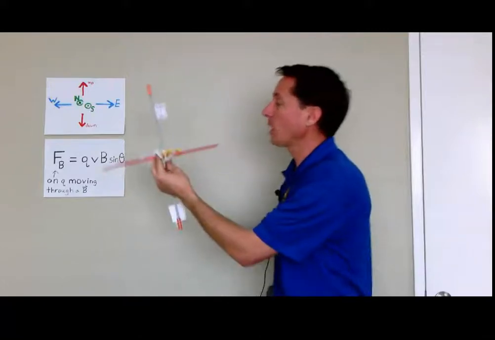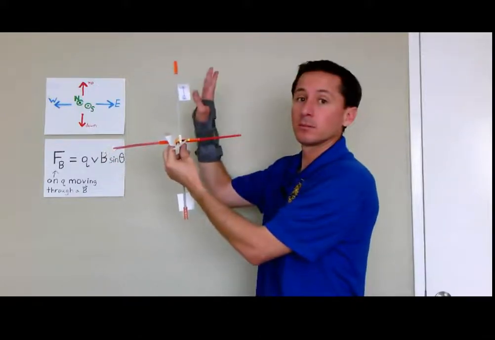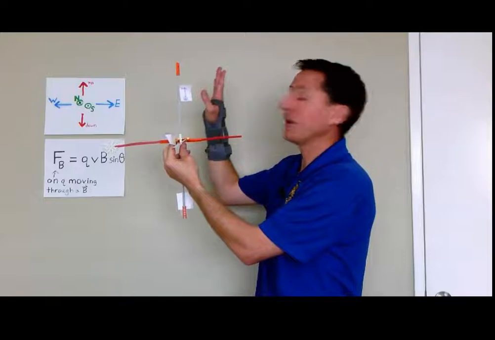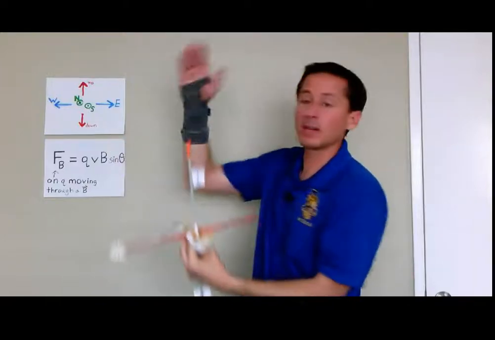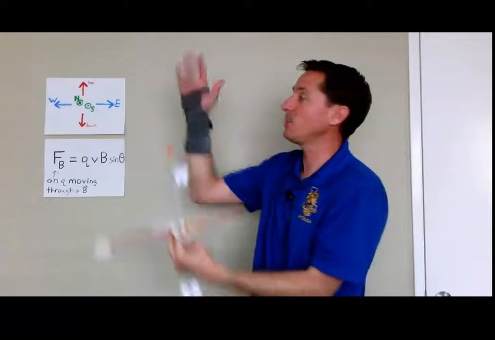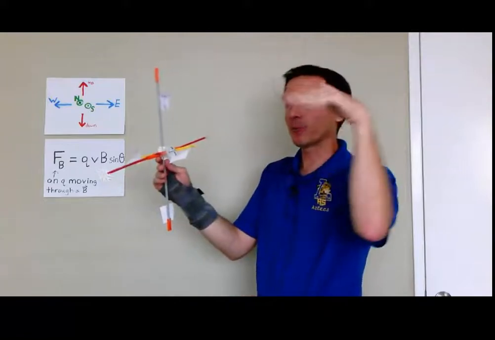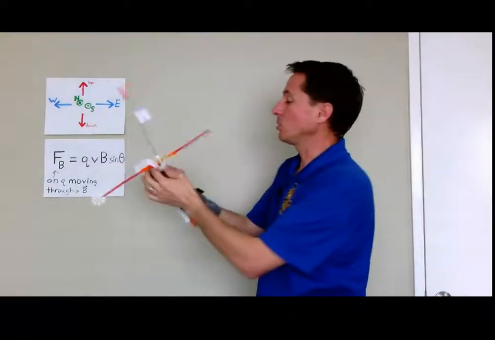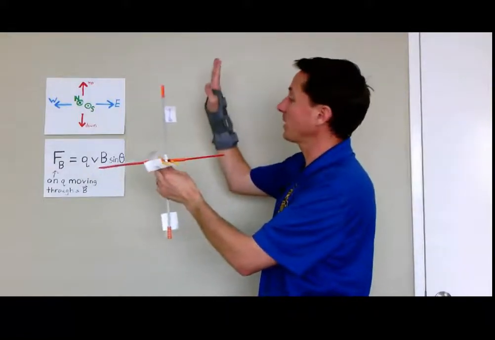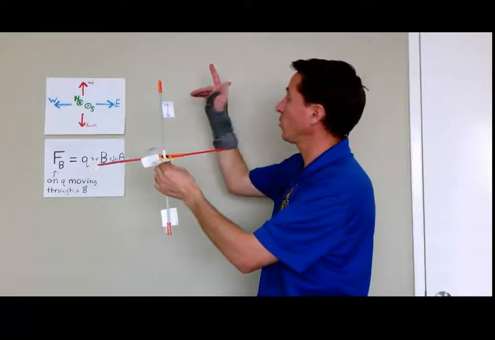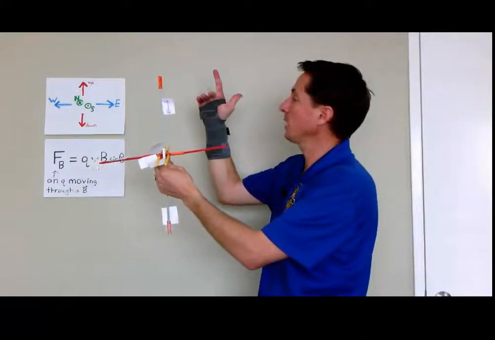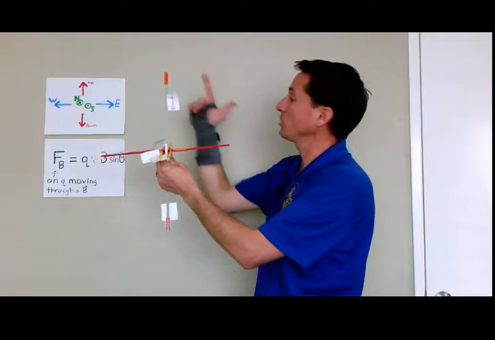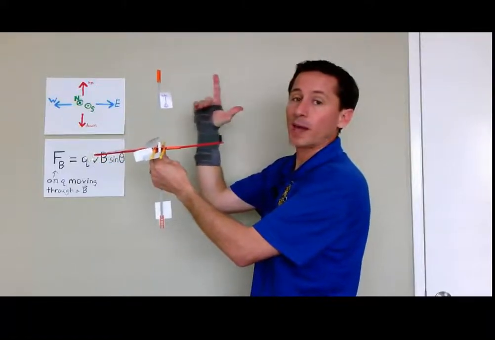And so if it's a positive charge, you stick your whole hand this way, page up. And I'm going to turn my hand around, and see, I can't bend at my wrists now. This wrist brace is keeping me from bending at my wrist. Okay, so stick my whole hand like this, and I need to turn my fingers until they point out of the page, away from your screen. Okay, and I've got it like that, so the force would be to the right.